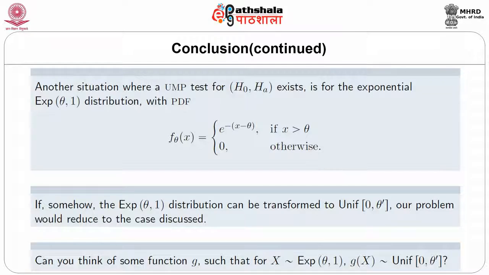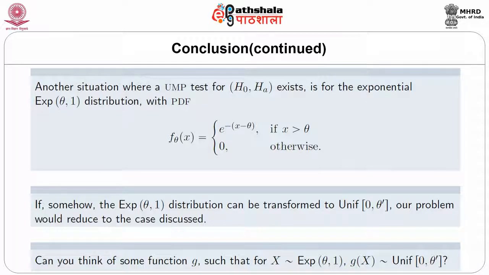If this is possible, then if you have a random sample x1, x2, ..., xn from this distribution, then g(x1), g(x2), ..., g(xn) is a random sample from the uniform 0 theta prime distribution, and you can definitely solve that problem using the uniform distribution results. So, it can be easily solved.